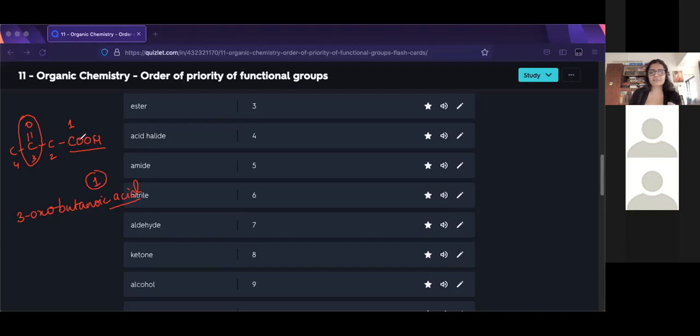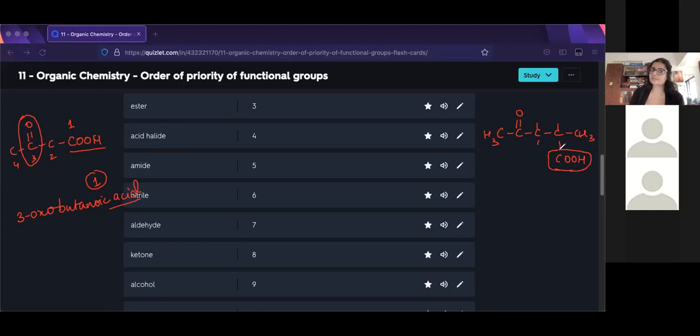Because the acid group will never come in the middle of the chain. If at all it is there in the middle of the chain, you will always start off with the functional group. For example, if you had something like this, here COOH and here let's say a C double bond O. Rest of it is filled up with hydrogens. Then the longest chain should always include the highest priority functional group. So COOH will be included, you can't ignore this.